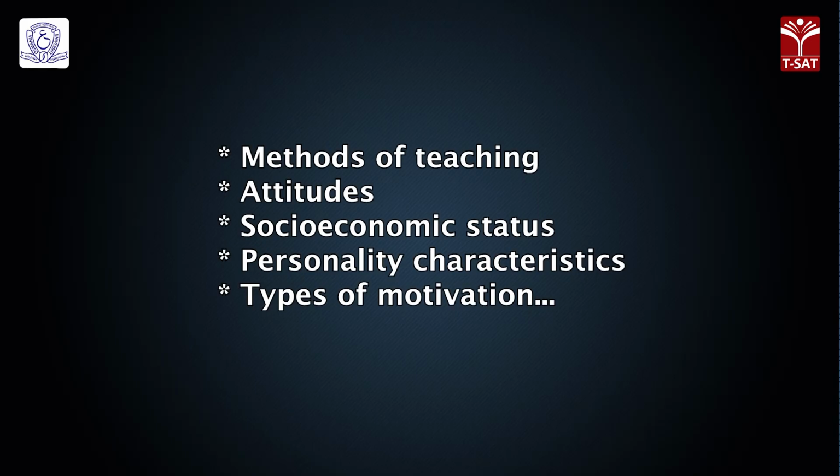These may be differences in degree or differences in kind. That is, the independent variable may assume two or more values and the difference in the values may be of quantitative or qualitative nature. Methods of teaching, attitudes, socio-economic status, personality characteristics, types of motivation, etc. are some common examples of the independent variable in social research.